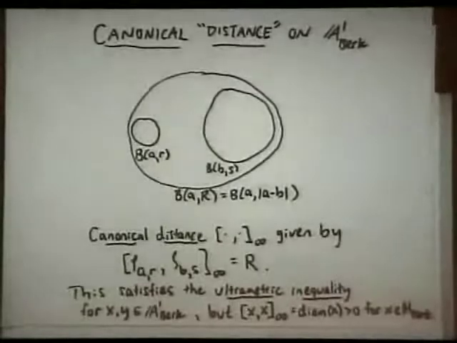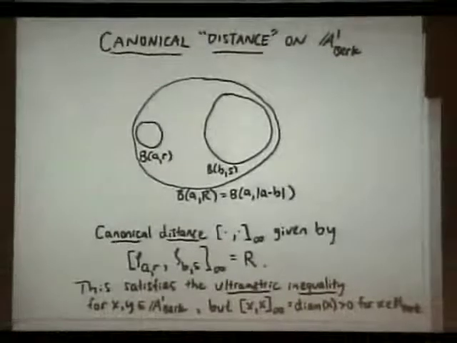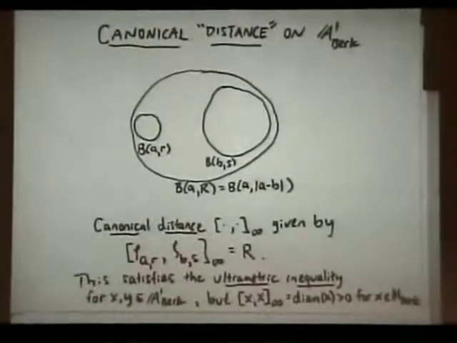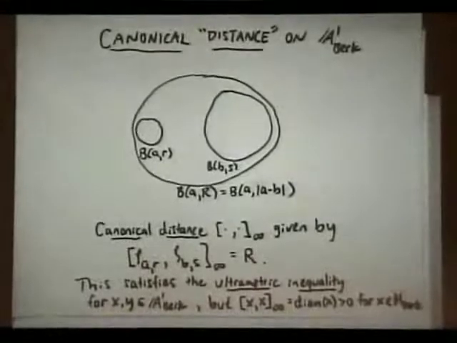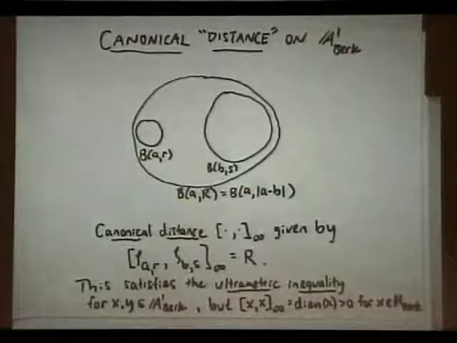And the canonical distance relative to infinity, so this should really be thought of as something that's canonical on affine space, but not on P1, where you could change coordinates around, is just capital R, the radius or diameter of the smallest disk containing both of them.